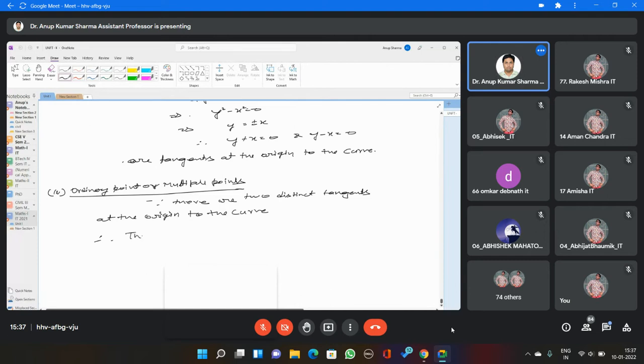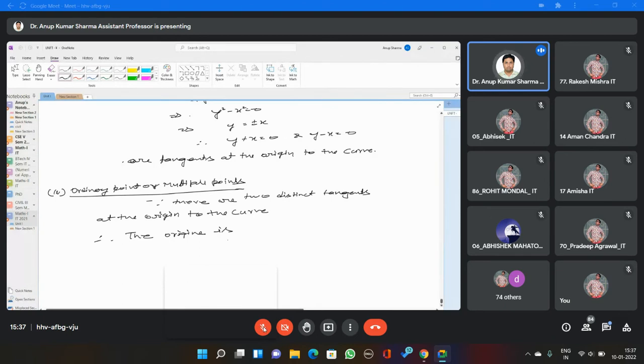Therefore, the origin is what we call node, cusp, or isolated point.